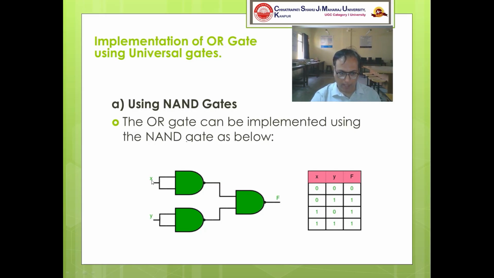Similarly, for X as 1 and Y as 0, you will get 0 output from the first NAND gate and 1 output from the second NAND gate. This will yield the final output as 1. If X and Y both are 1, then the output of the first NAND gate is 0, and the output of the second NAND gate is also 0. If both these 0s are given to the third NAND gate, the final output is 1.